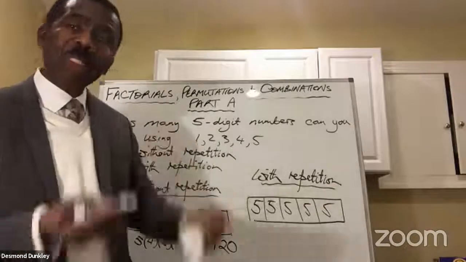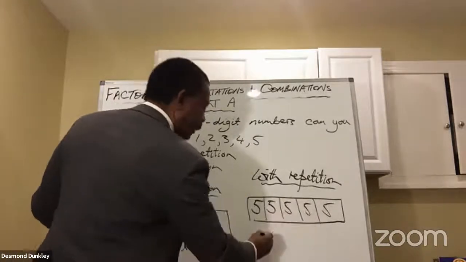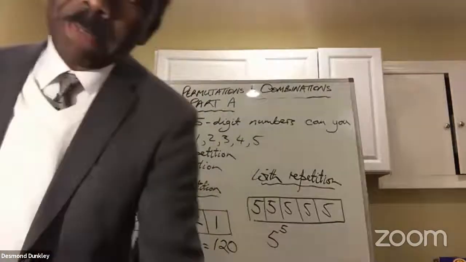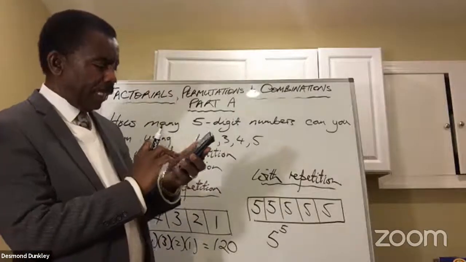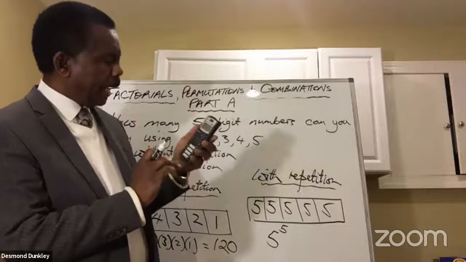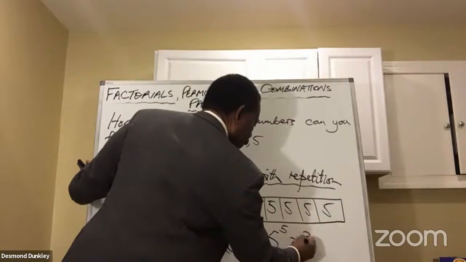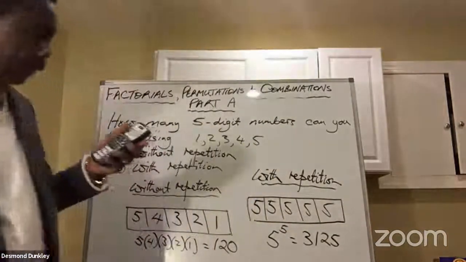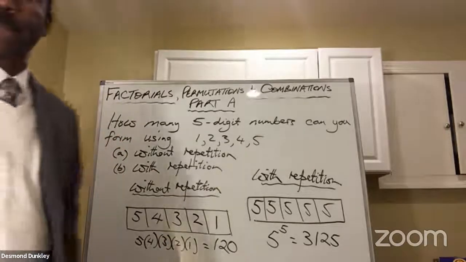What's the total that you'll get? In this case, it's going to be 5 times 5 times 5 times 5 times 5, which is 5 to the power of 5. And I am not going to multiply that out in my head. I am going to take the calculator and do 5 caret 5, and I end up with 3,125. 5 to the 5th power is 3,125.